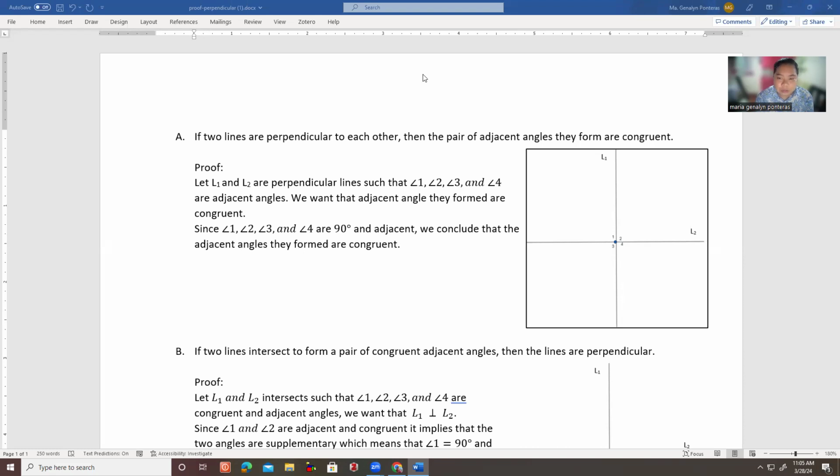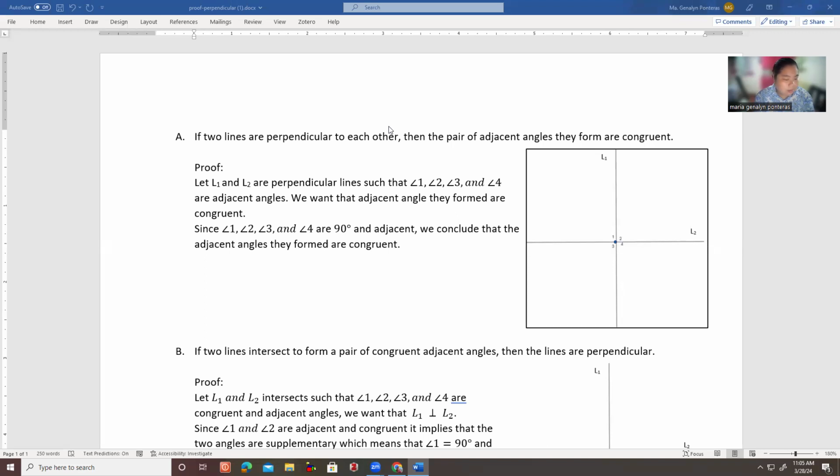So, what proof do we need if we want to make sure that the two lines are really perpendicular? We have here the first one. If two lines are perpendicular to each other, then the pair of adjacent angles they form are congruent.